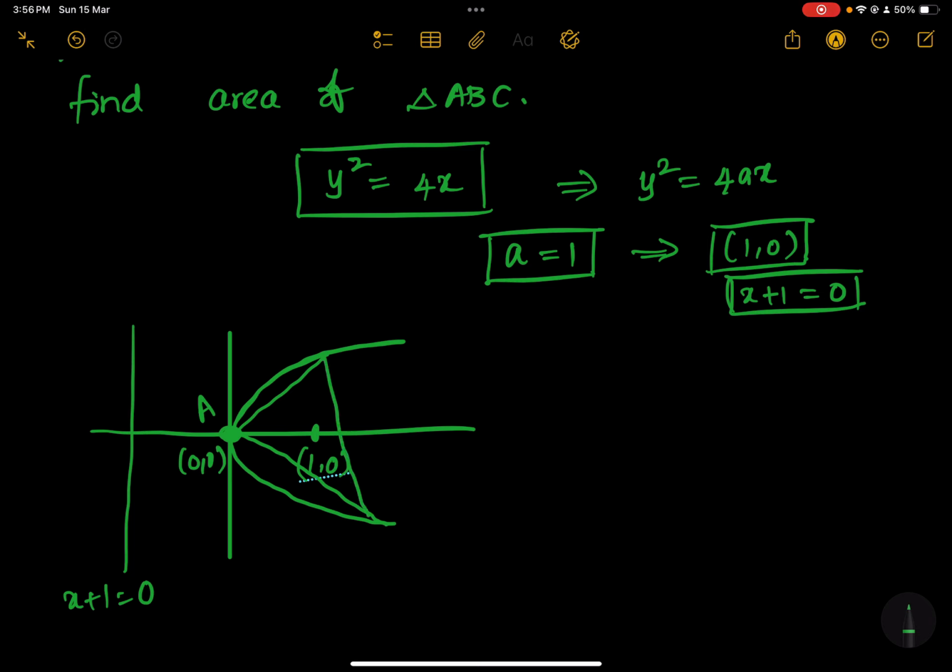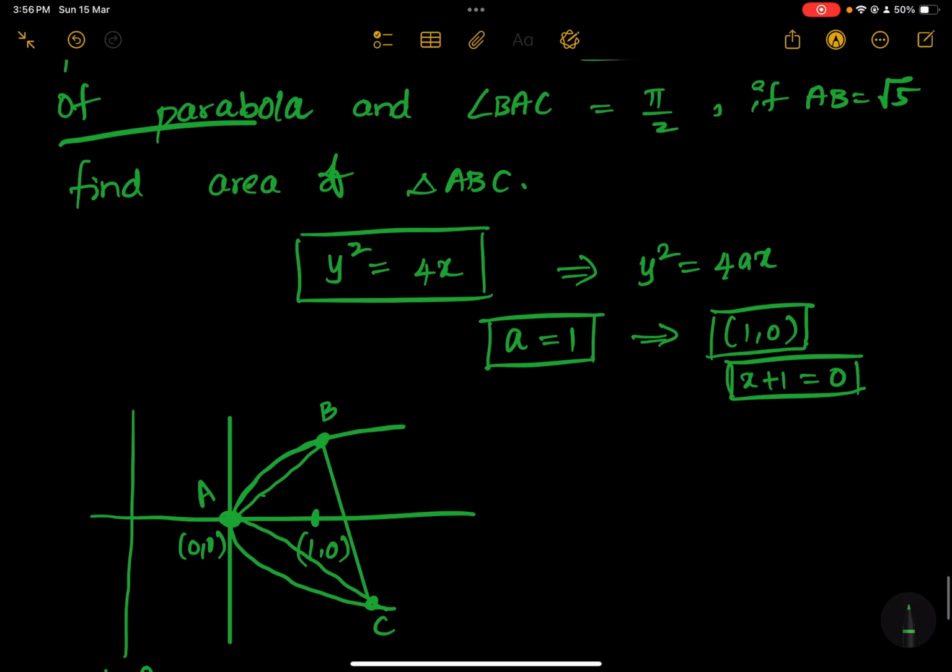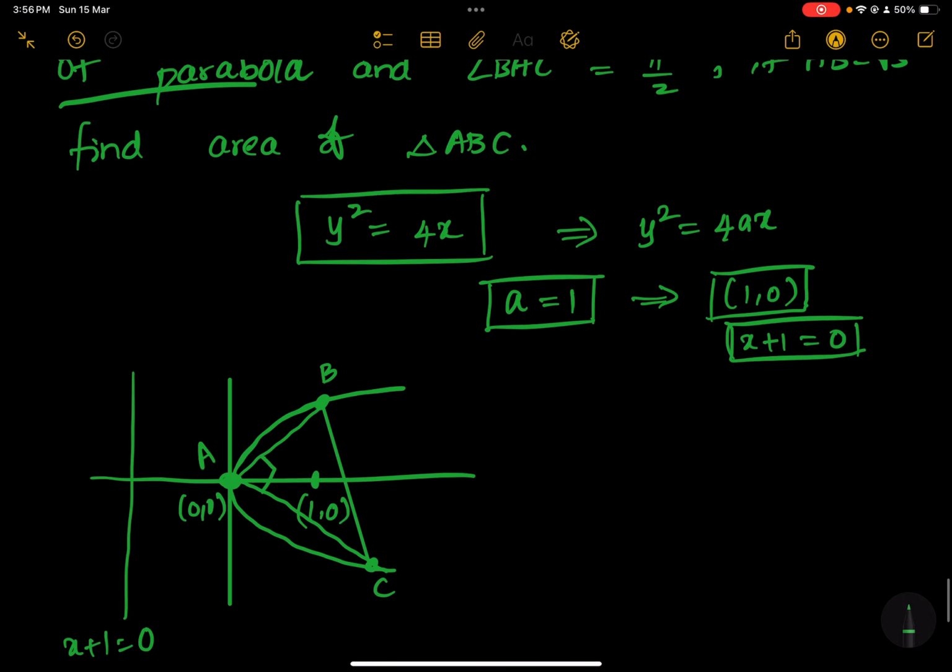So let's say it looks something like this. This is B, this is C, and this particular angle is 90 degrees. That's what they told us. And it is also given that AB, this length, is root 5.